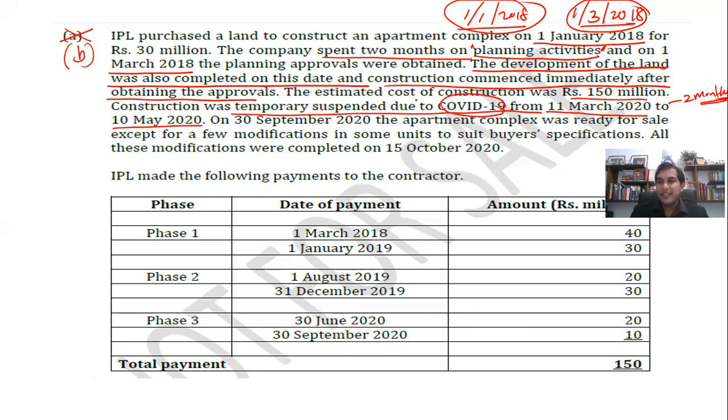So you have mixed judgments. One can argue that this is beyond our control, and even though the activities are suspended, there is no such impact on the total project duration, because 2 months is small compared to the total project duration.